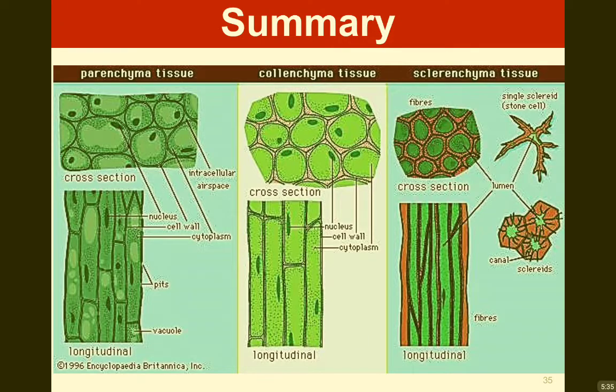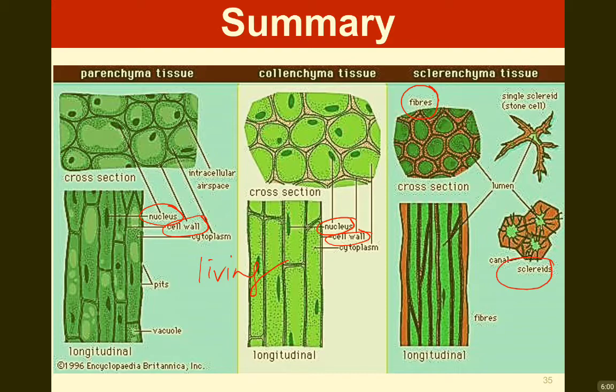Another one where you can see the nucleus means they are living cells. Cell wall is thin, this one cell wall is thick. These are the two types of sclerenchyma, fiber and sclerids.